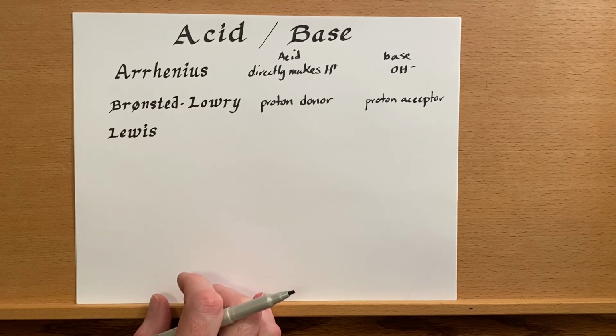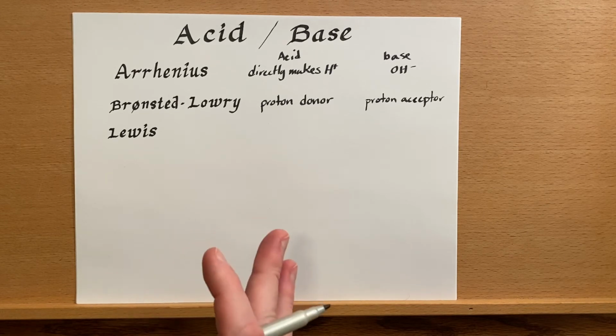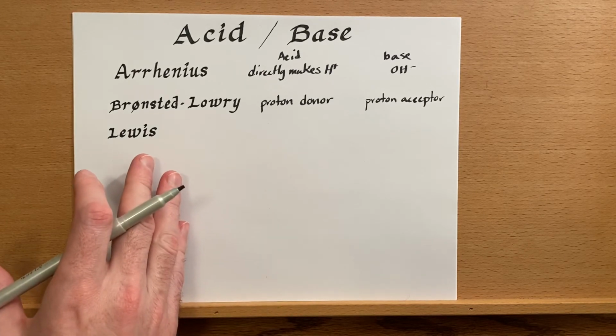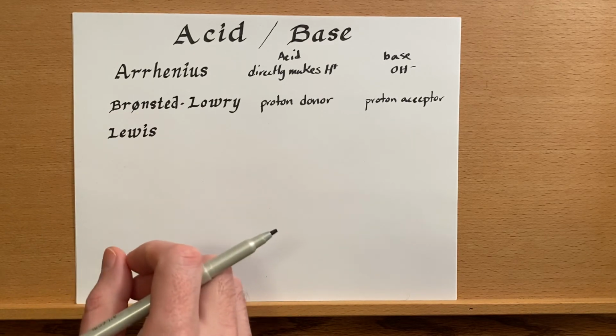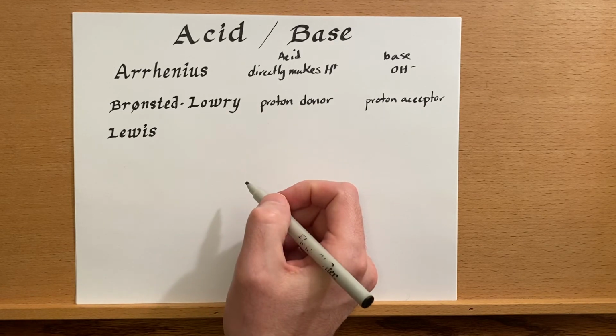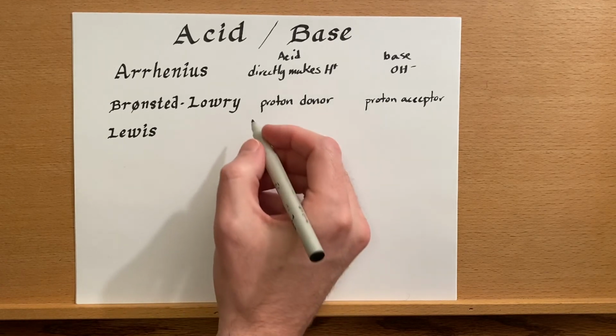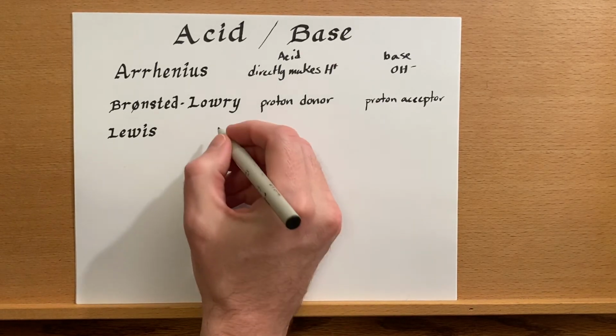Now, if you remember, we have drawn Lewis structures in our chemistry class before. And so you might take a guess as to what these are about, and that is electrons. A Lewis acid is an electron pair acceptor, and a Lewis base is an electron pair donor.